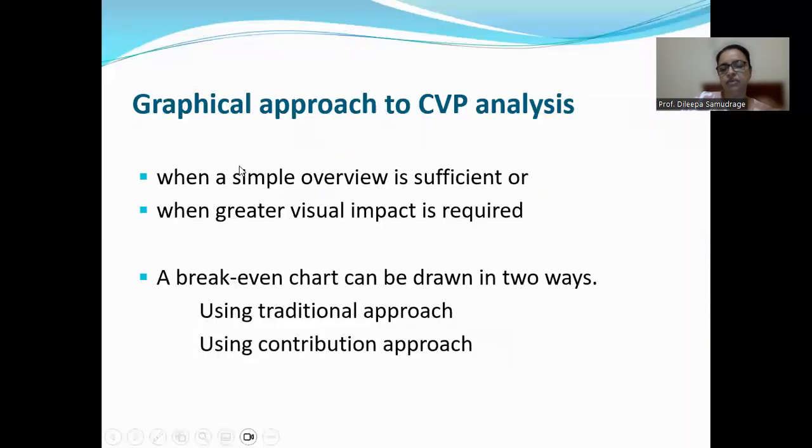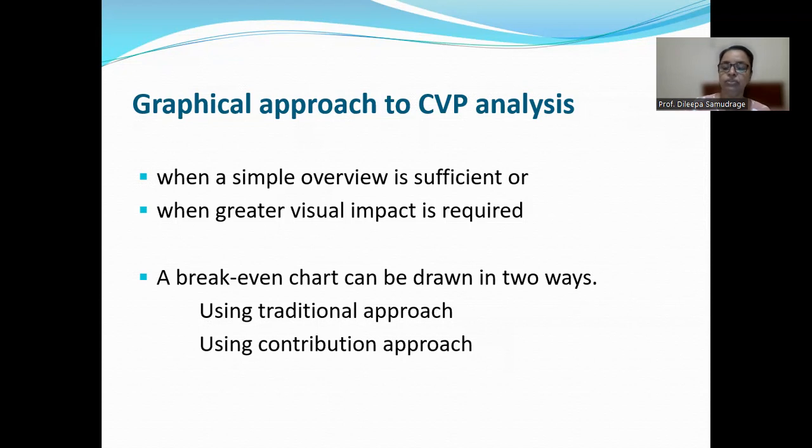So why do we explain the CVP calculations using graphs? Because when you present to your management, it is easier if you use a graph than using certain calculations. If you want to explain a particular product's break-even point to top management, for example, assume you are going to produce a new product.